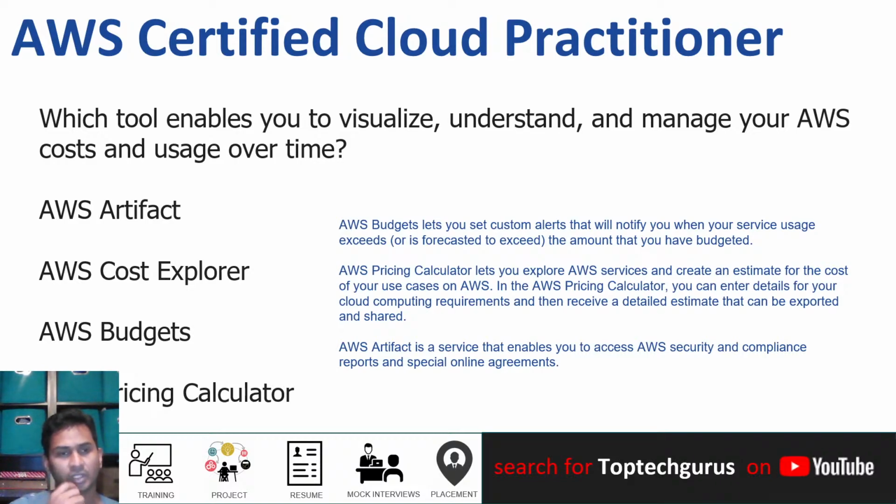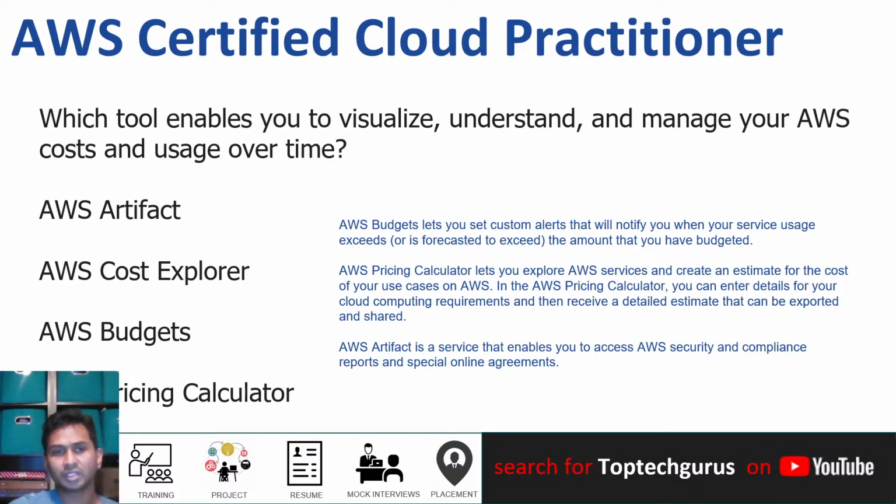Budgets: you can set a budget for each month, and you can monitor and see whether you're forecasted to exceed it, or whether you're well within your budget. So you're setting a budget amount, and then checking whether you're going to exceed it or not. That's AWS Budgets. Pricing Calculator is where you don't have a system set up yet, but you're estimating your use case.